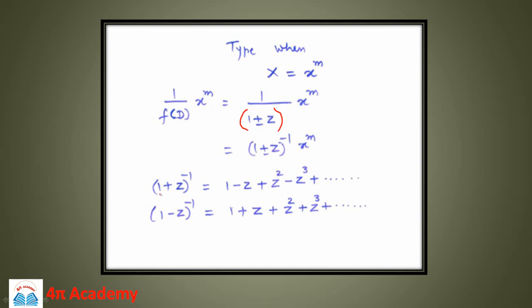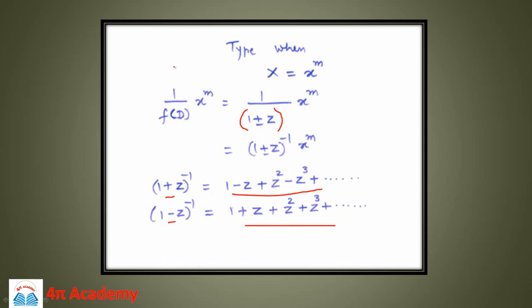Here (1 plus z) raised to minus 1 is equal to 1 minus z plus z square minus z cube plus and so on, while (1 minus z) raised to minus 1 is equal to 1 plus z plus z square plus z cube plus and so on. So you have to remember that if the sign is minus, then all the terms are plus, and if it is plus, then the terms are alternately minus and plus. That you have to remember.